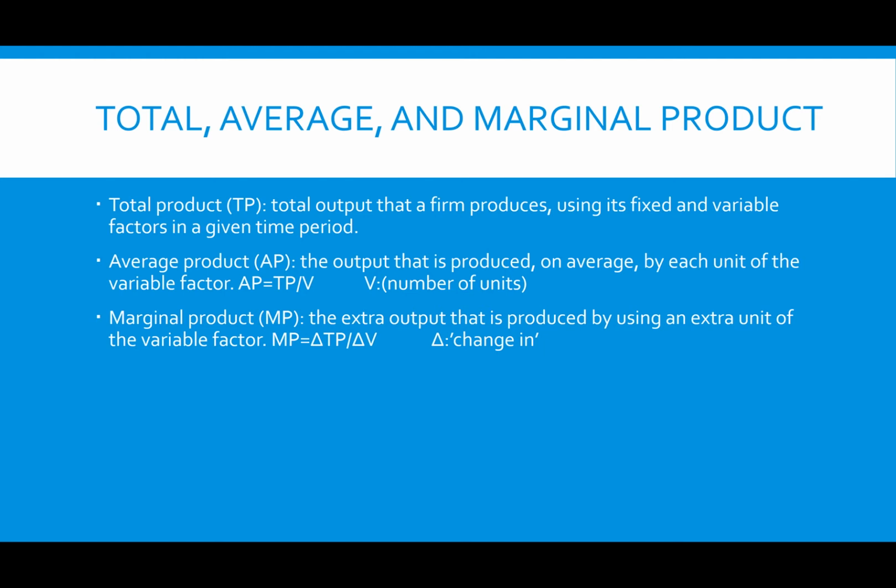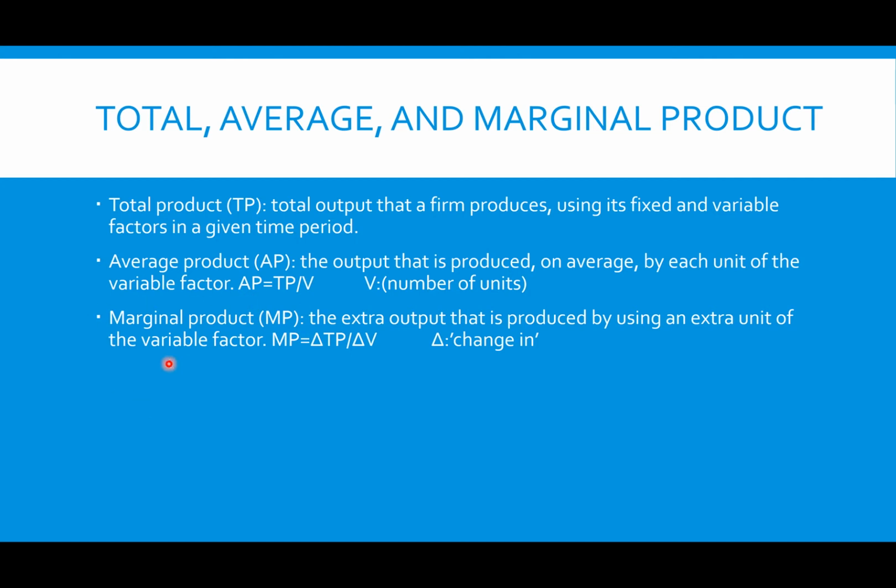The next one, average product, AP, is the output that is produced on average by each unit of the variable factor. The keyword here is each unit. Each unit can be calculated by dividing TP by V, which is the number of units. TP divided by V is AP.